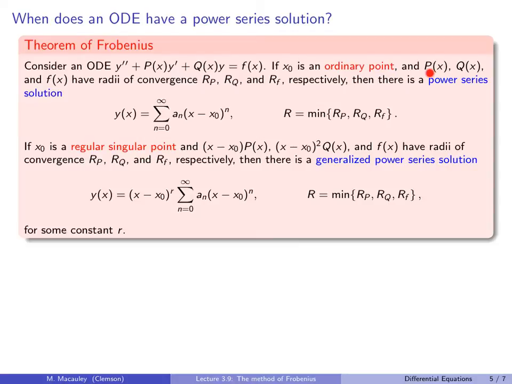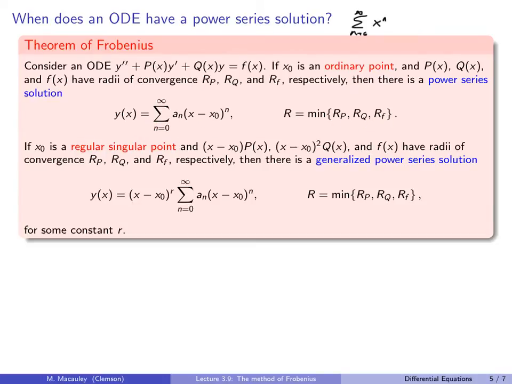P might be e to the x, it might be 1, but it also might be that 1 over 1 minus x, which has a power series something like x to the n, which is not going to be defined everywhere. So take the 3 power series, which we know exist, and take the smallest radius of convergence. That is the smallest radius that all 3 of these things are guaranteed to exist in. In that case, there's going to be a power series solution, and the radius of convergence of that solution is going to be the minimum of these 3 radii.